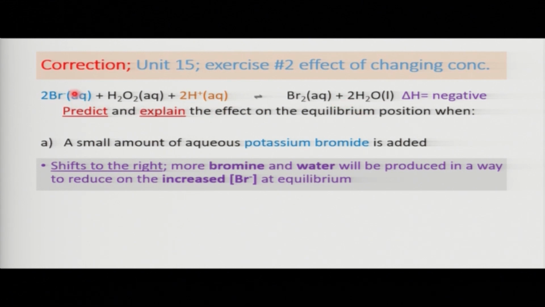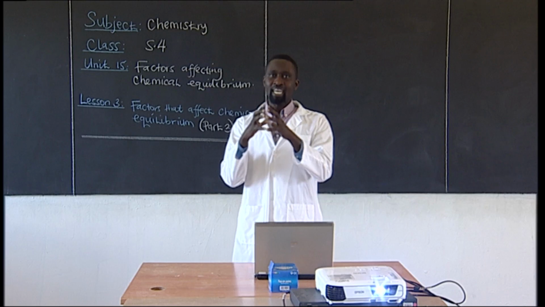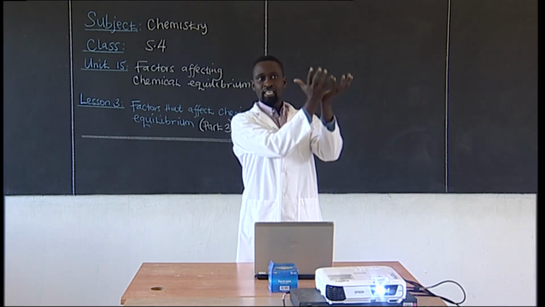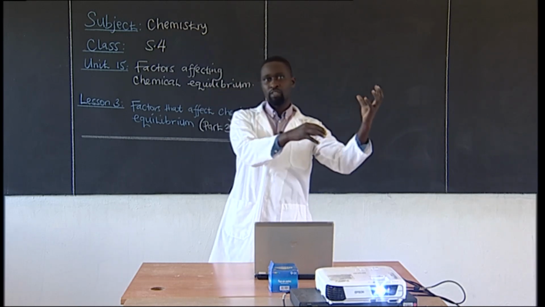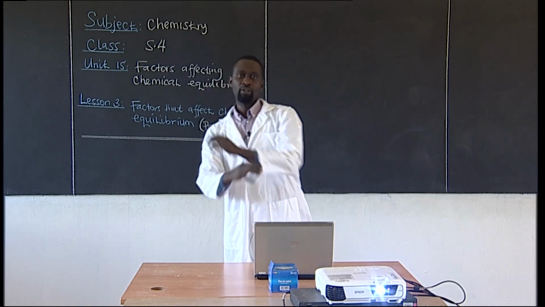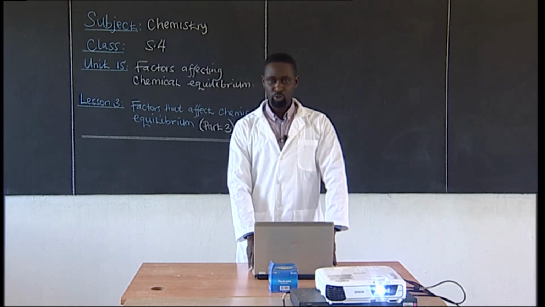Because addition of the bromide increases the amount of bromide ions, making this side higher in amounts than this. To balance it up, some portion of this side will move to this side, and that is why the equilibrium shifts to the right. More bromine and water will be produced to counteract the increase in amount of the reactants. In that way, some of the reactants will form the products, and that is the expected response.